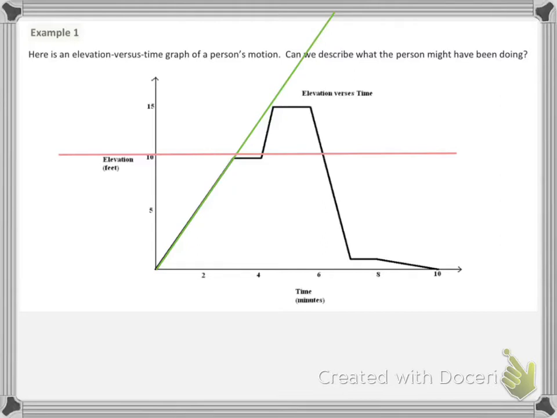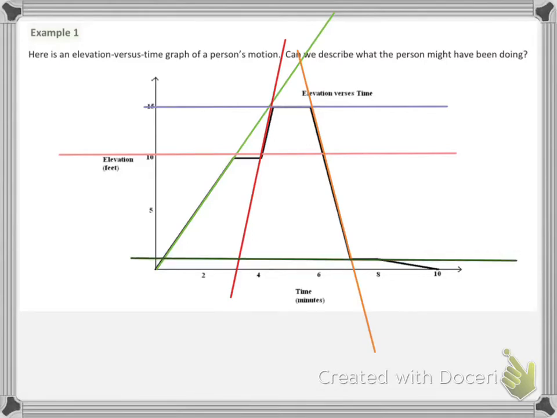So there's a different line. The next one would be this line here. I don't know if I can get it exactly. Yeah, that line. But we're only using a part of it, and then obviously we could just keep going here and look at all these different lines. Here's another parallel line to the other horizontal line, and then that's another part, and then we could take this one, which is this line, and again, we're just taking pieces to show what the overall movement was on this graph.